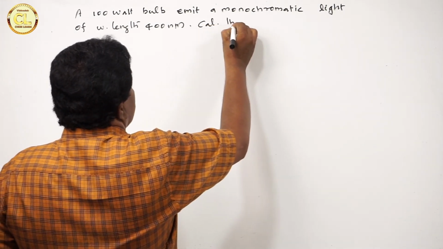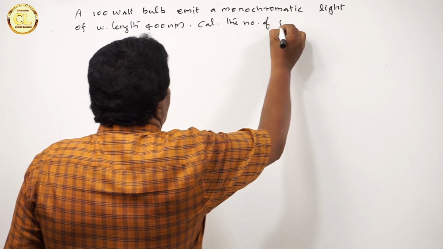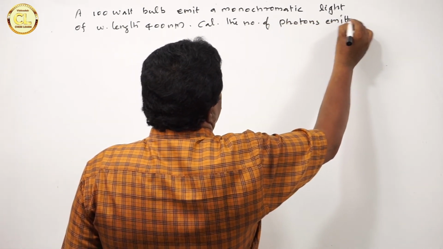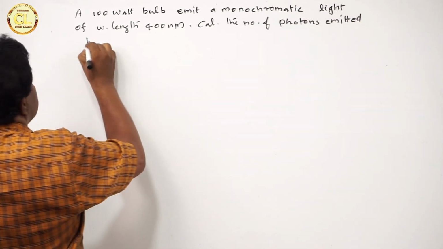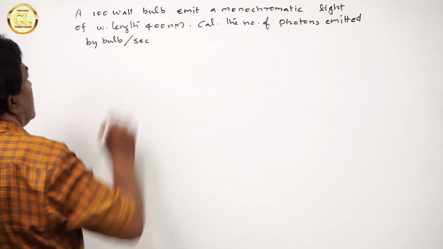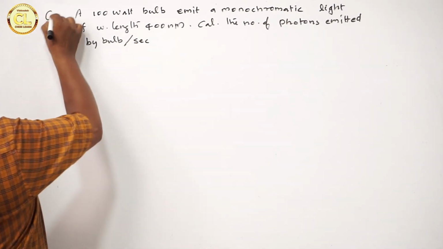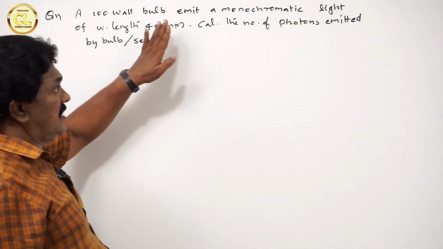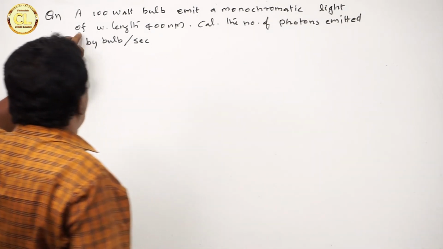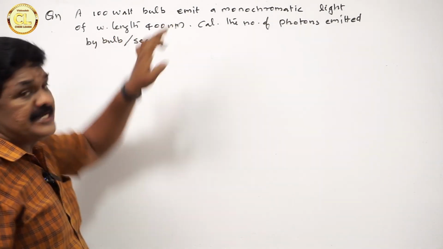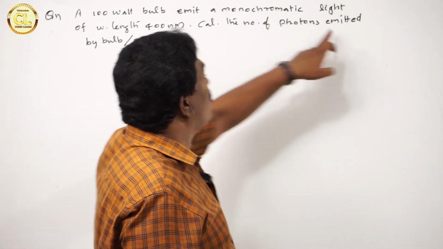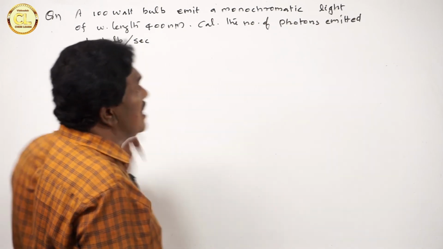Calculate the number of photons emitted by the bulb per second. Say, the question is, a 100-watt bulb emits a monochromatic light, meaning a single colored light, of wavelength 400 nanometer. We are asked to calculate the number of photons emitted by the bulb in 1 second.